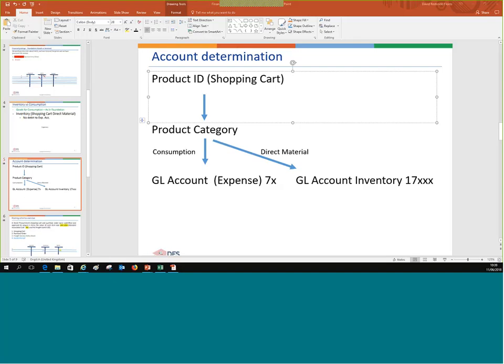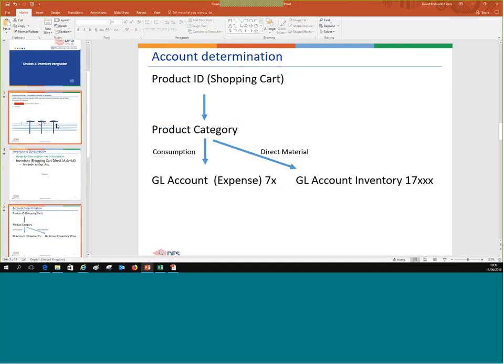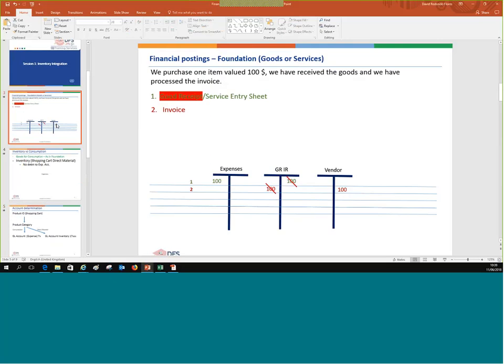Okay, right. So this is about the account determination and the standard associated cost. So what does happen then? When is the expense recognized? Because if you remember, one of our messages in Foundation was that based on delivery principle, the posting to the expense account was happening at the moment that the goods received was processed, or when the service entry sheet was processed.